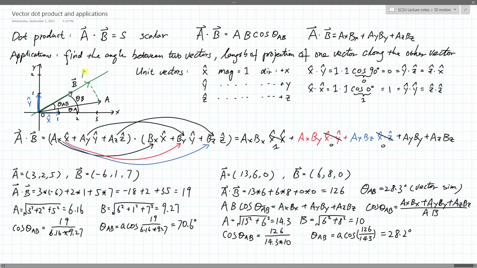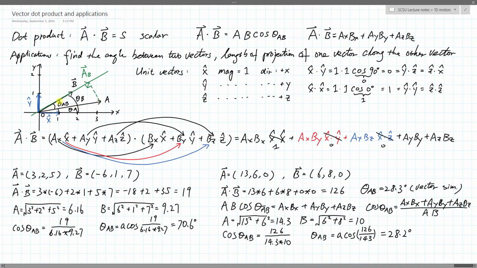I can say A along B, or you can even call that A's component along B, just like A's component along X is called AX, right? So how long is this? Well, this angle is already marked, the angle between A and B, and A happens to be the hypotenuse in this right angle triangle. Here's 90 degrees. So this is the side that is adjacent.